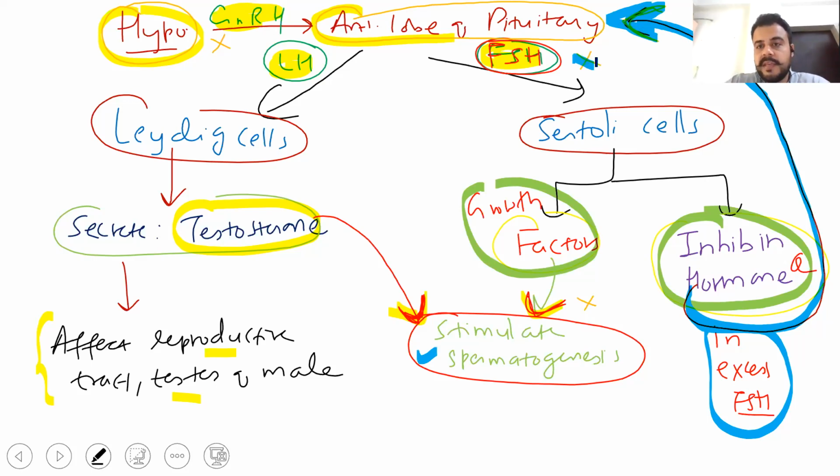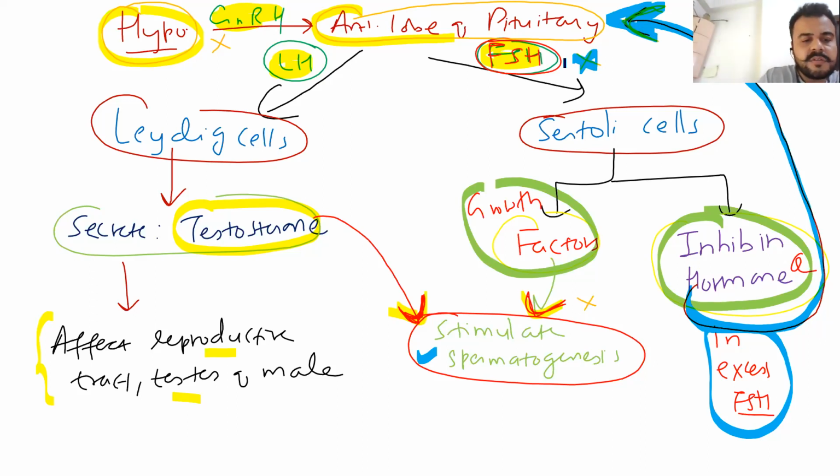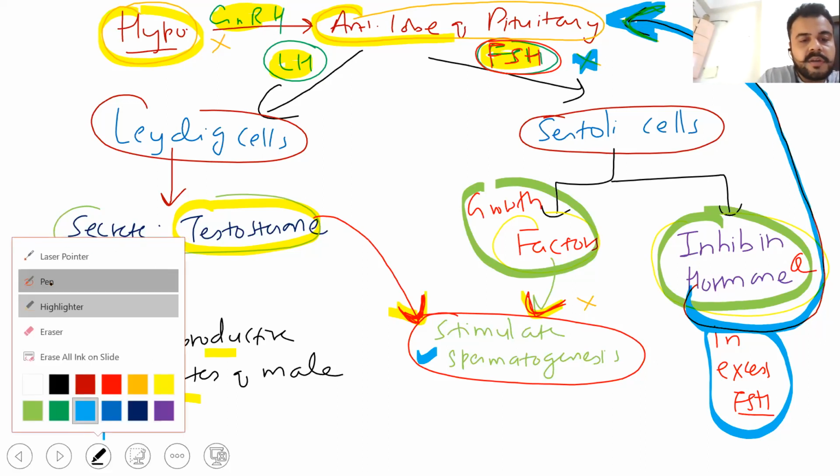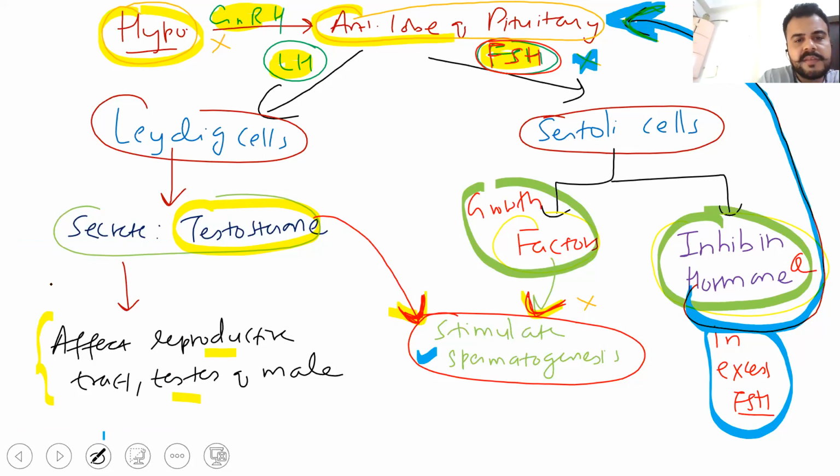So this is how negative feedback control operates. The entire process of androgen production, the common androgen being testosterone, is regulated in this manner by inhibin through negative feedback.